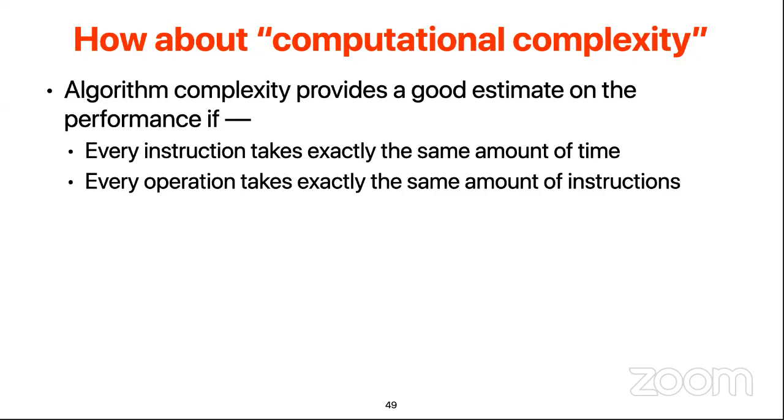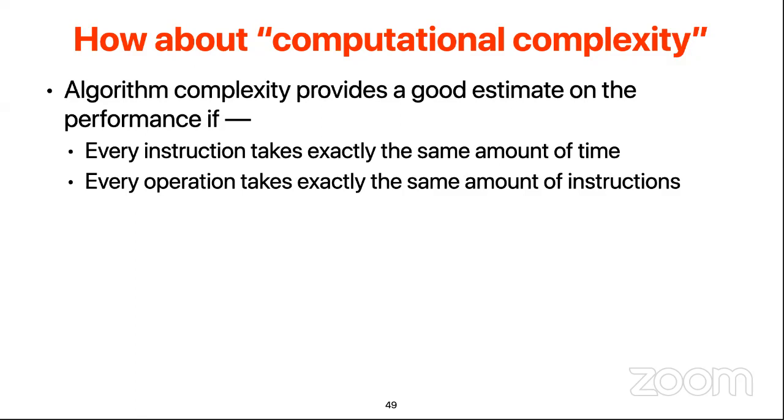But what I really want to tell you is that if you have someone who only knows the knowledge from CSE100 or 101, that's actually a disaster, because computational complexity provides no insight into the real number of instructions or the real number of cycles per instruction that will be generated from your program.